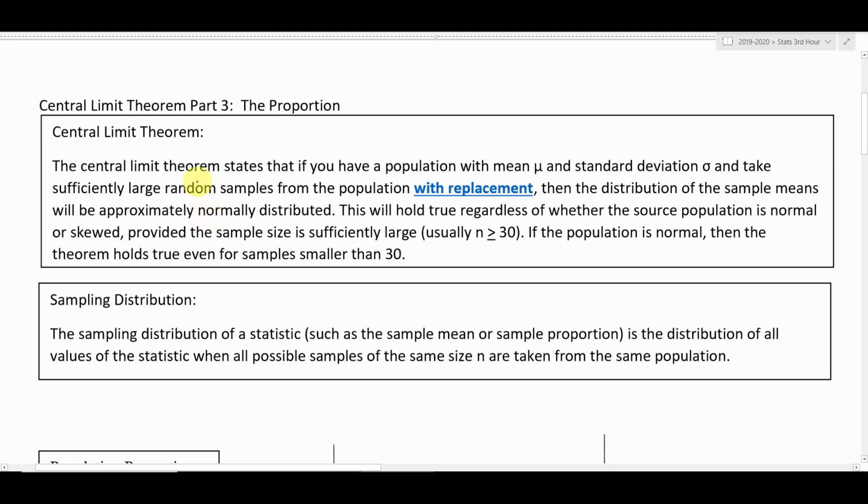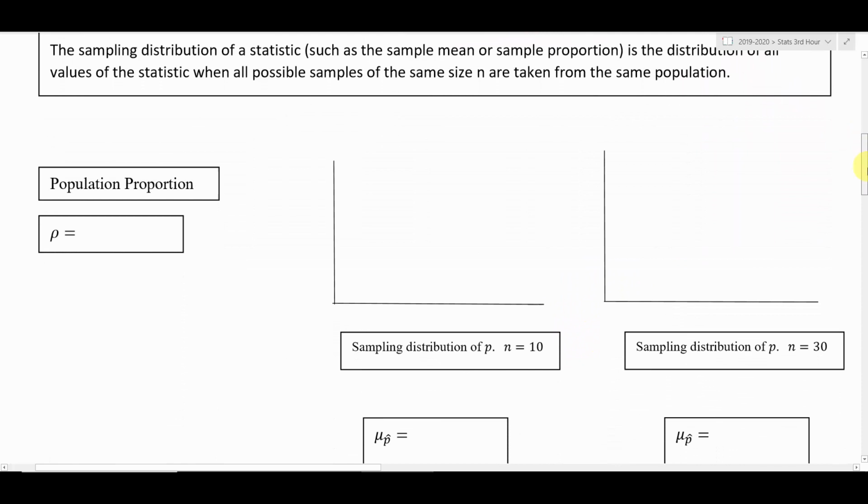A lot of the same stuff applies here. We're going to need sample sizes that are larger than 30. That's what it means to be sufficiently large. And the sampling distribution that we're going to use today is not going to be a sampling distribution of the mean like it was before. It's going to be a sampling distribution of the proportion.